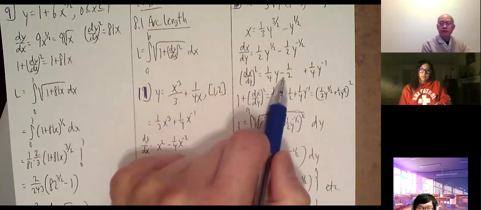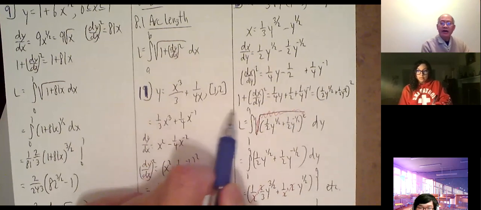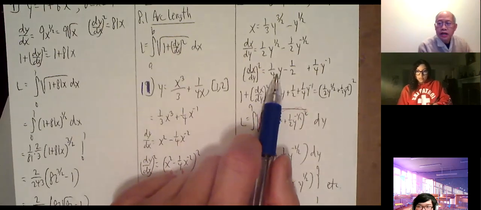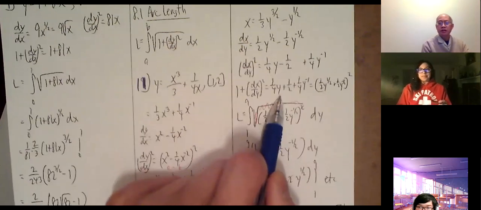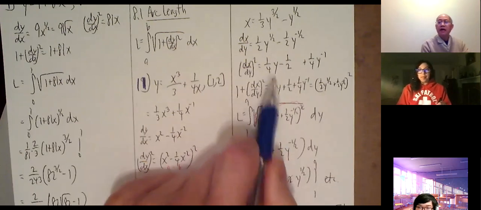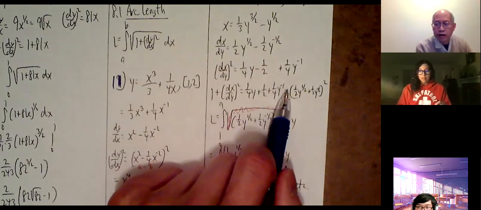So here's the derivative, dx dy squared. I add 1. Well, just like before, if you add 1, all that happens is that minus 1/2 becomes plus 1/2. Everything else is the same. So it's 1/4 y plus 1/2 plus 1/4 y to the minus 1. And again, similar theme to over here, this factors into a perfect square.